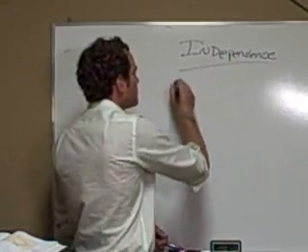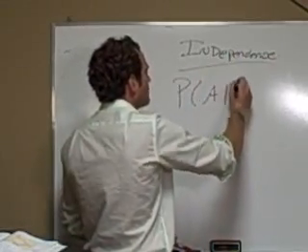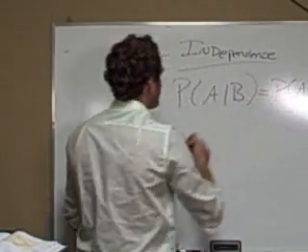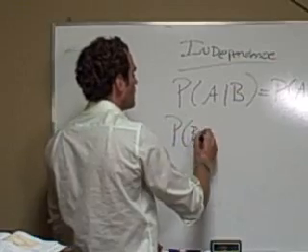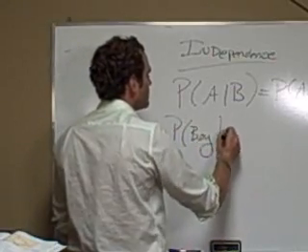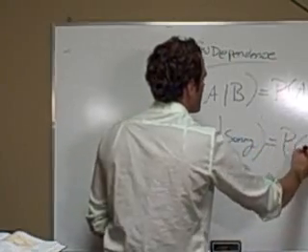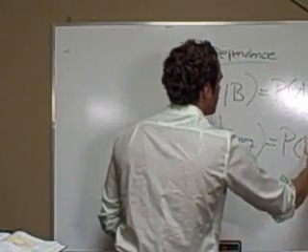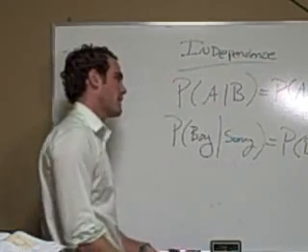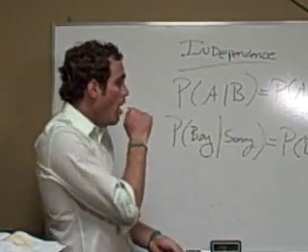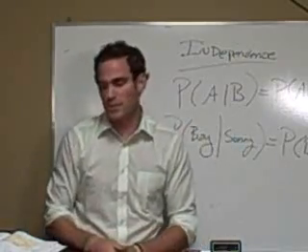How we write this is the probability of A given B equals the probability of A. So the probability of a boy given sunny day is still just the same probability of a boy. Okay, of having a boy. So the two don't affect each other.